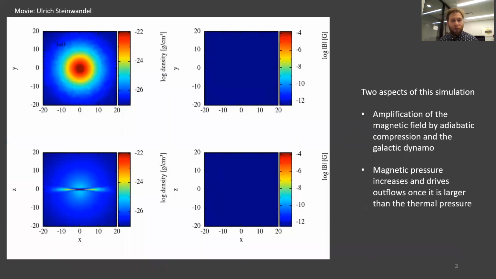And when we actually simulate this, we have two base models, one where we put a constant magnetic field in some direction. We usually pick the x direction, with a fairly low field of 10 to the minus 9 Gauss or something like this. And we have a second model where we inject the magnetic field energy with the supernova feedback that we have in the simulation.